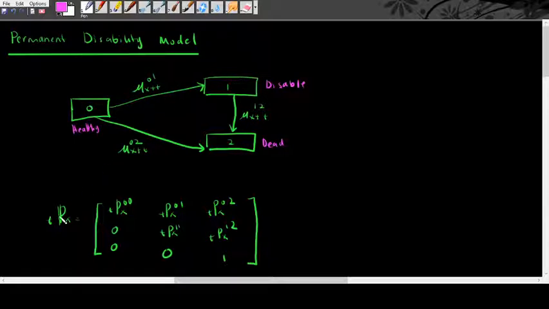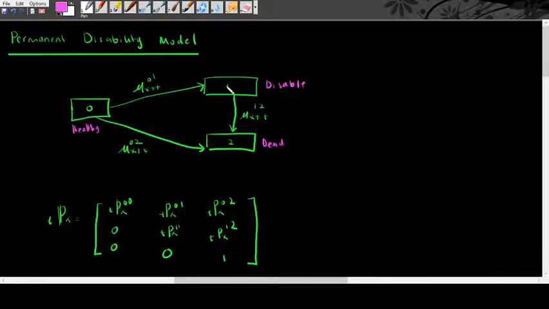So from here you can write the probability matrix as tPx00, tPx01, tPx02, where it goes from here to here. 00 is maintaining in 0, 01 is from here to here, 02 is from here to here. There's no such thing as 10, so the value here will be 0, and there's also no such thing as 20, so that value is also 0.